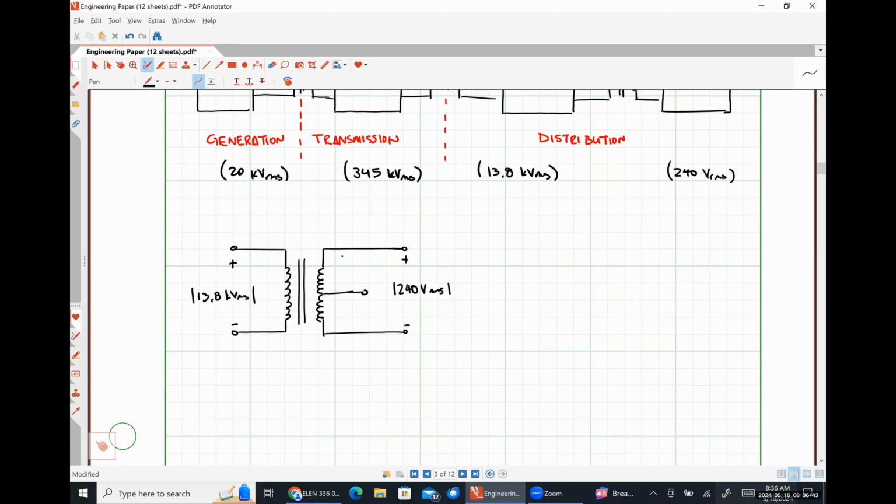And then typically we would have 120 volts between here and here, and 120 volts between here and here. And we get the exact same magnitude, but effectively those voltages are of opposite signs.